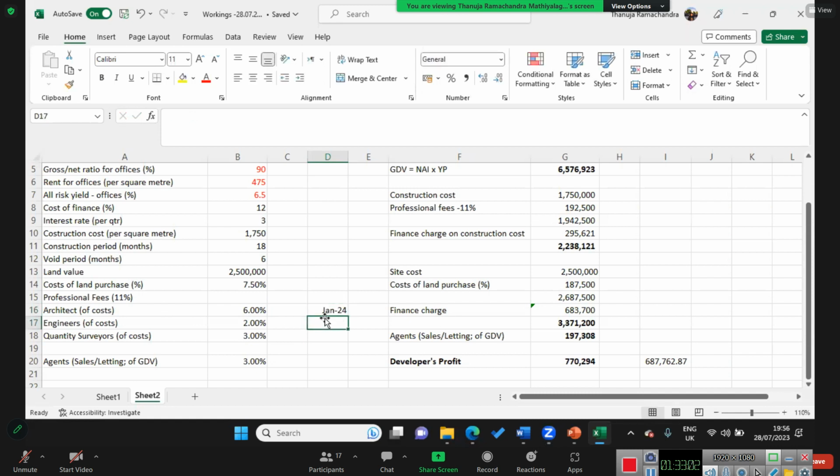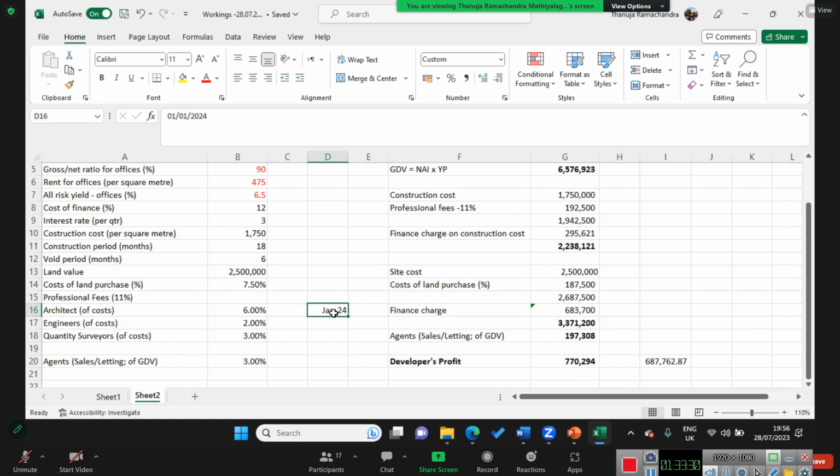For that, now we are doing our pre-development. So from this January 2024, it's 18 months, right? Professionals, architects, how long are they going to be in the project? How many months? Maybe the first 6 months, right? If you're starting the design by then, they will be there.